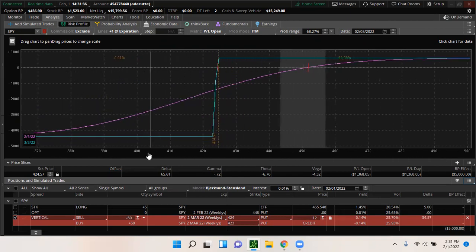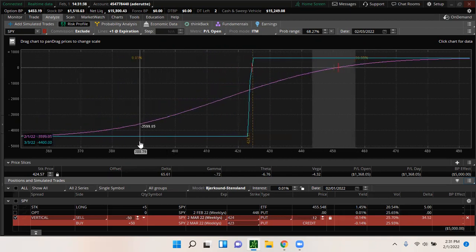So if the Fed has a bad day and Powell decides to screw the economy, even if SPY goes to 0, which would be a catastrophic event, let me just note that, even if that happens, the most I can lose is 4,400, right? The most I can lose, even if it goes bankrupt, that's the most I'm losing.